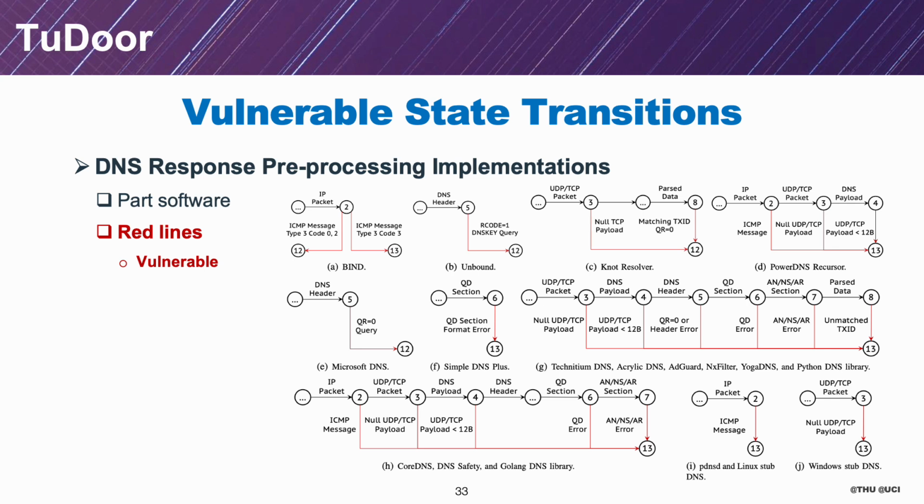The red lines show vulnerable state transitions, such as BIND, Unbound, Knot Resolver, and PowerDNS. All of them have some special state transitions, and the developers didn't cover all the state transitions and missed some special malformed packet processing.